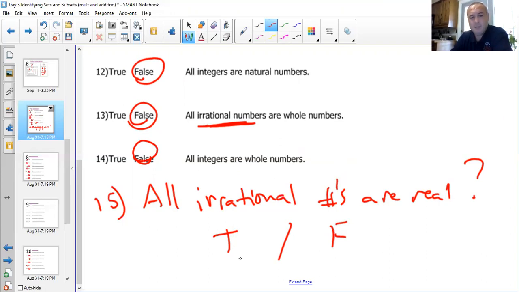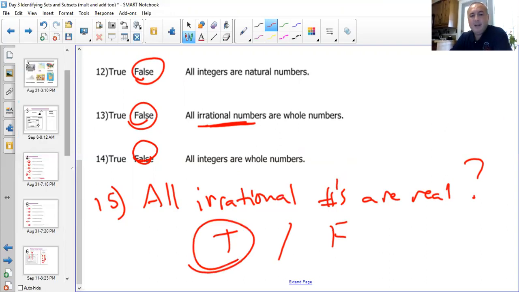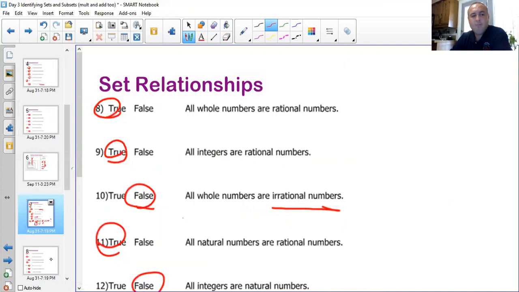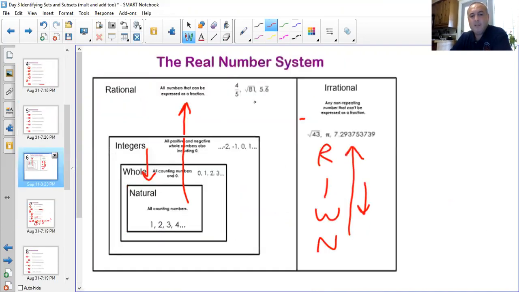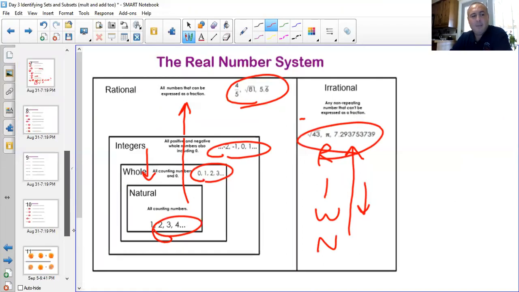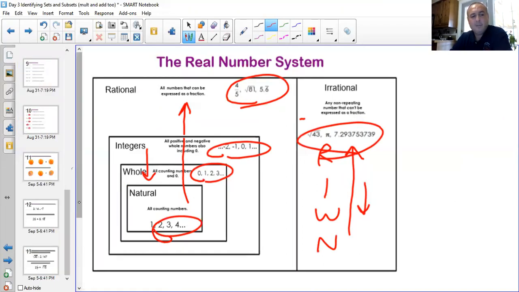So that's going to be true. Natural numbers are real, whole numbers are real, integers are real, rationals are real, irrationals are real. I'm not going to make up fake numbers for you.